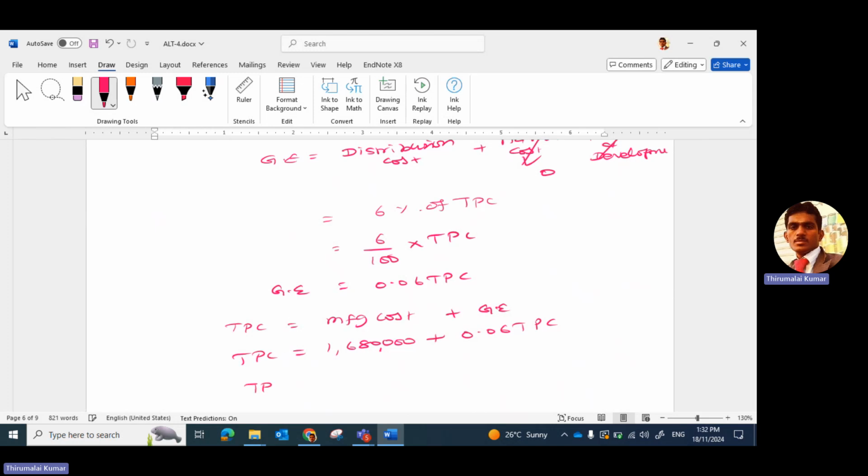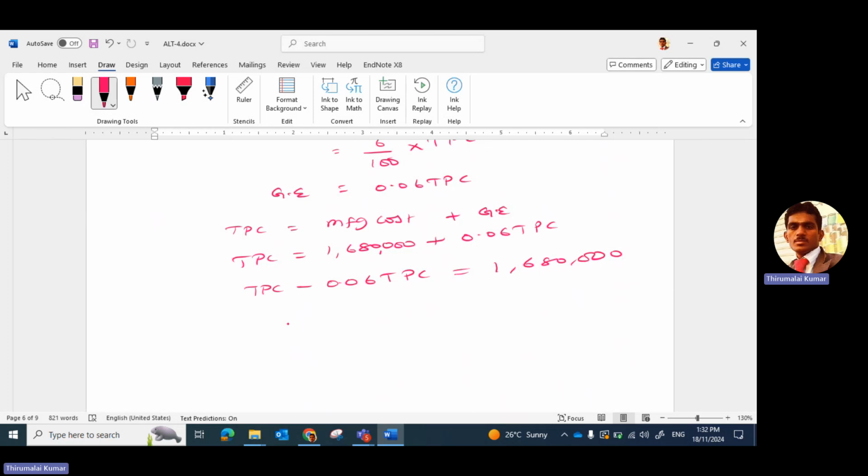So total product cost is equal to this. Let us bring it to the left hand side. TPC minus 0.06 TPC is equal to 1,680,000. So if you take TPC out, 1 minus 0.06, which is 0.94 TPC, is equal to $1,680,000.